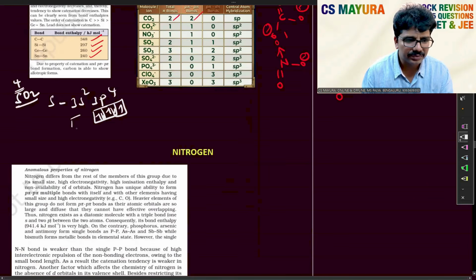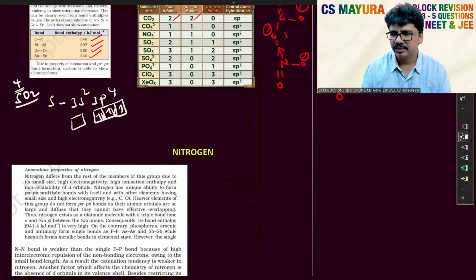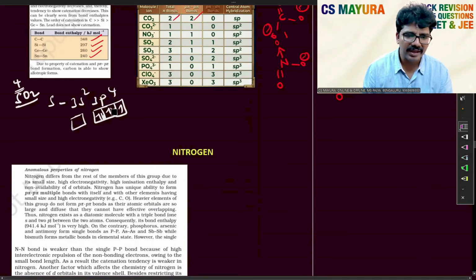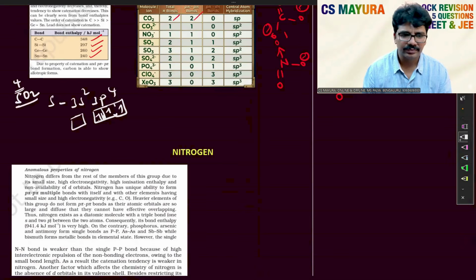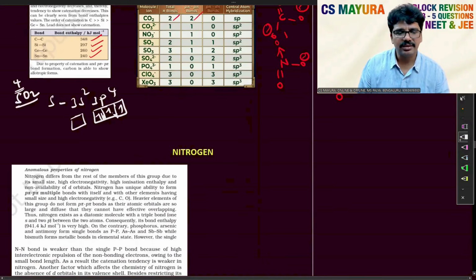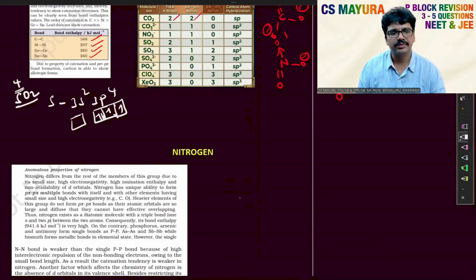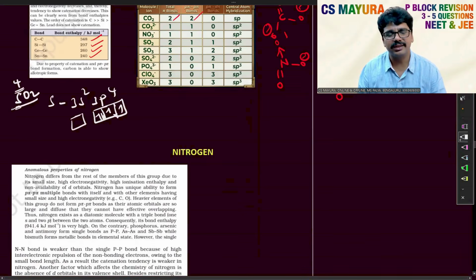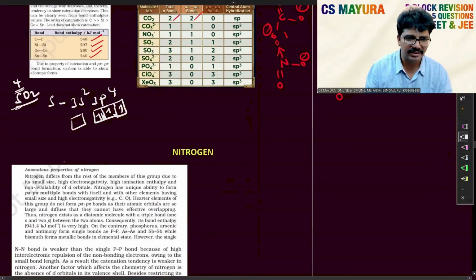The sulfur has two unpaired electrons. With two unpaired electrons, this SO2 can form only 2 bonds. But in SO2 in total, how many bonds are there? 4 bonds. So to get valency 4, go to the excited state.